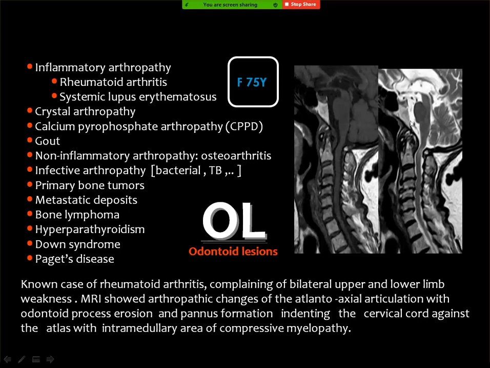In this particular case, you see there is a mass surrounding the odontoid, which is an indication of the diseases we just mentioned.